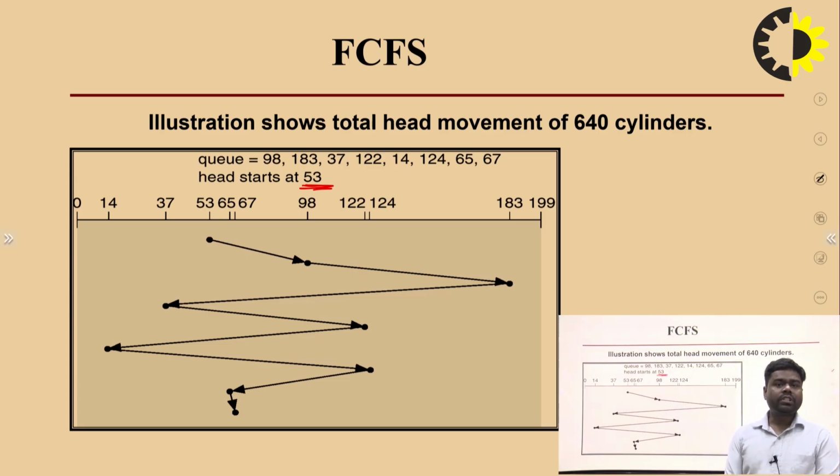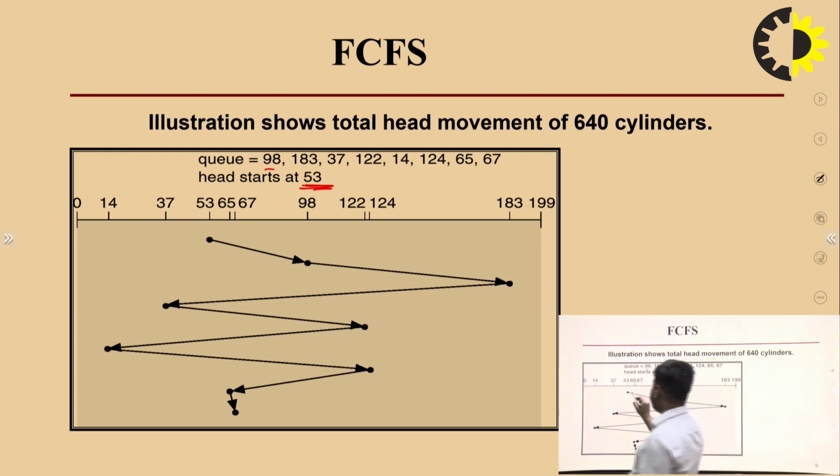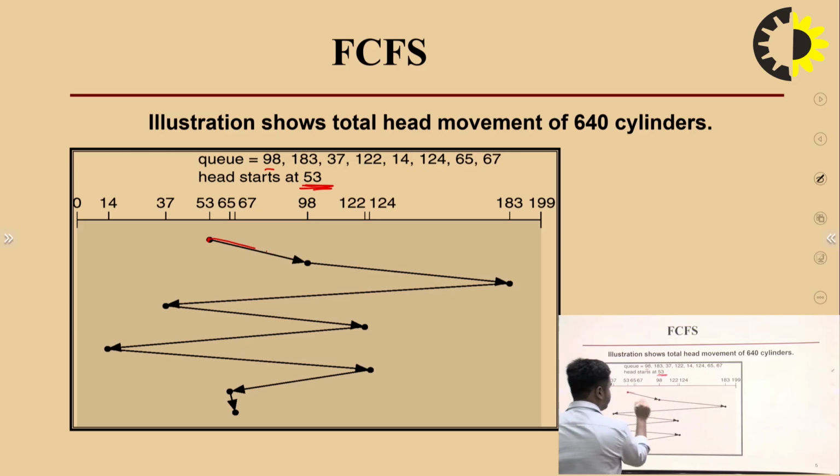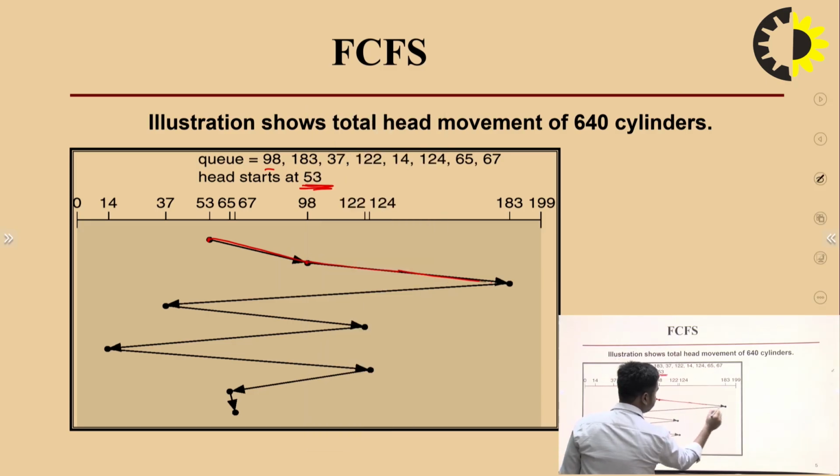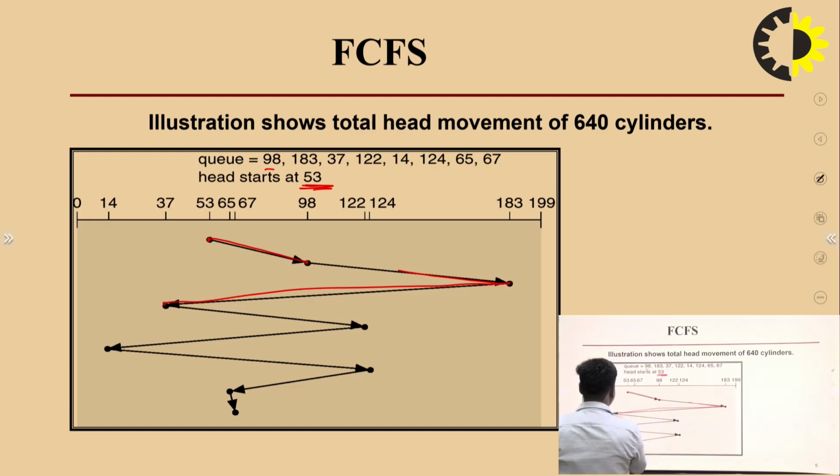First come first serve means the value which comes first, we have to take that one. After the head starts at 53, the first value is 98, so it goes from 53 to 98. Next 183, it goes to 183. Next 37, it goes to 37.